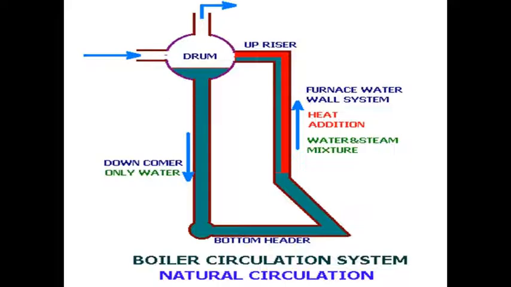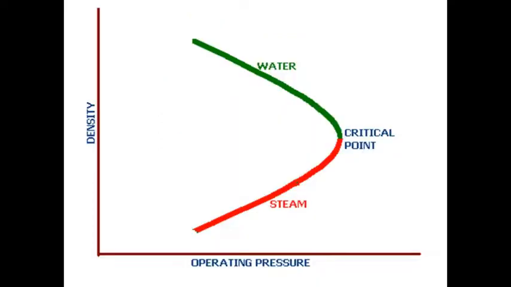As there is a density difference between the downcomer column of water and the water steam mixture within the water walls, this density difference creates the thermal head, which moves and circulates the total system, water steam mixture and water, so that the movement continues.